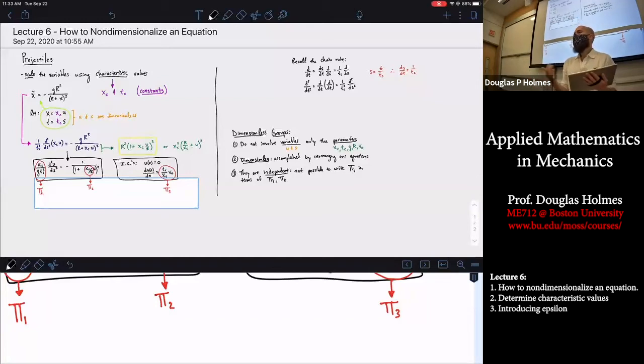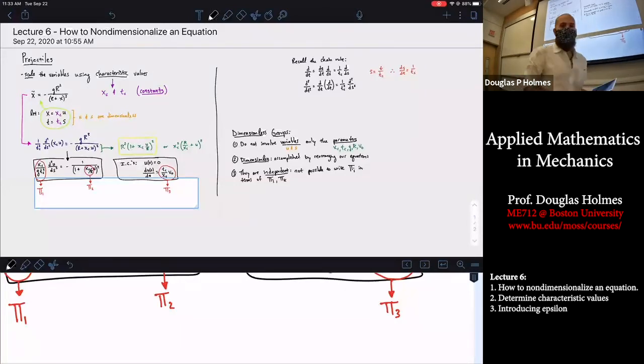So you can already guess that if the acceleration of your projectile, xc over tc squared, is much larger than g, then gravity is not going to have much of an impact on pulling this projectile back down. So you already see the value in having these comparisons, even if you don't know exactly what the characteristic acceleration is. Pi 2 is the one that's familiar to us.